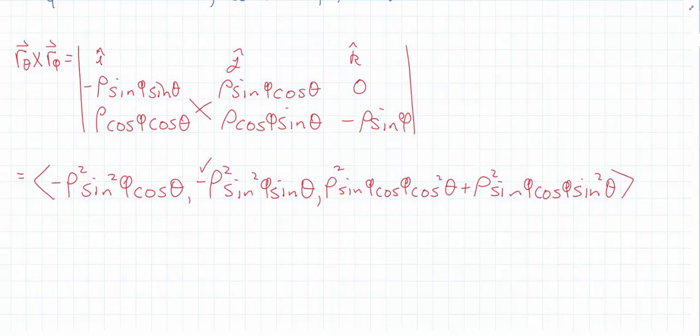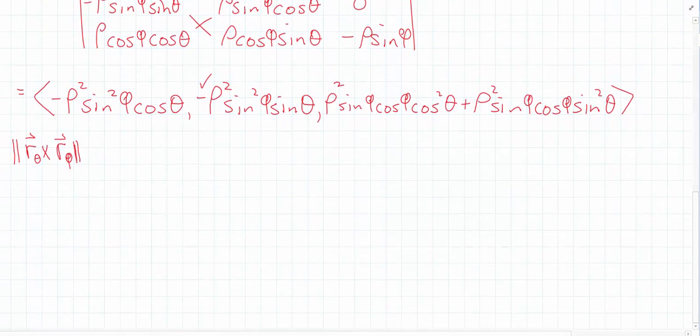Now what I've got to do is compute the magnitude. This is going to take up quite a bit of room. So we have the magnitude of r theta cross r phi, the cross product. I'm going to start on a new line. I'm going to square the first term.